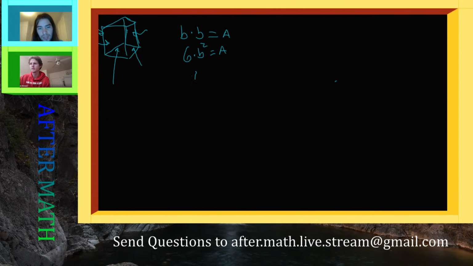So we have 6 times b1 squared equals A1, and then we have 6 times b3 squared equals A3. Jaden, do you want to go from here?